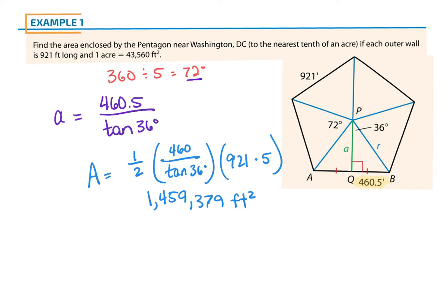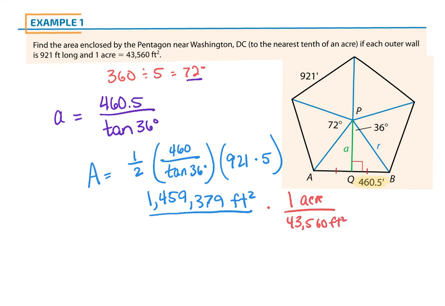That's the area. Now, they specifically wanted it in acres. All right, and they told me what 1 acre is. 1 acre was 43,560 square feet. So what am I going to do to the square footage to figure out the acreage? If 1 acre is 43,560 square feet and they want it in acres, you're just going to convert it.